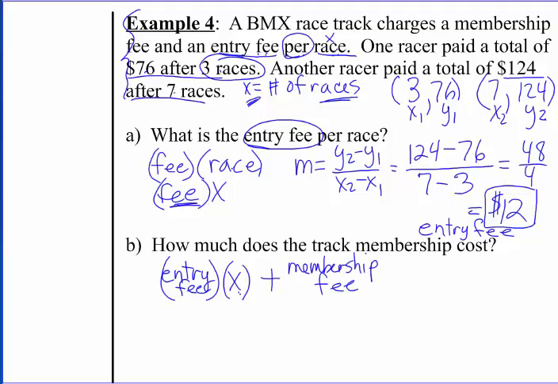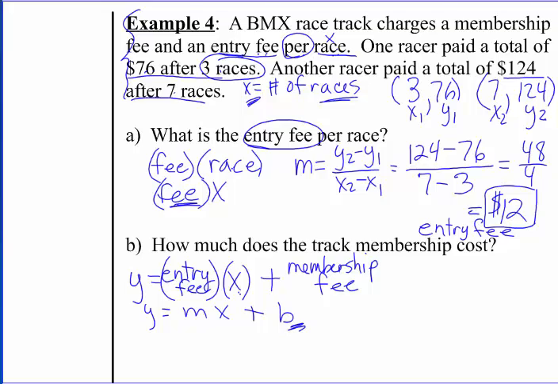If we let this equal y, the membership fee, mx plus, is in the b spot. So what we're being asked in part B is to find that y value of the y-intercept.